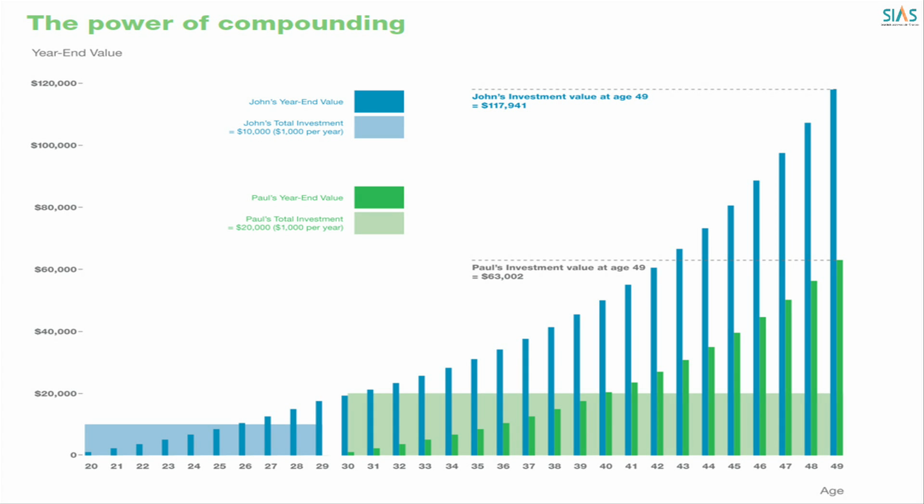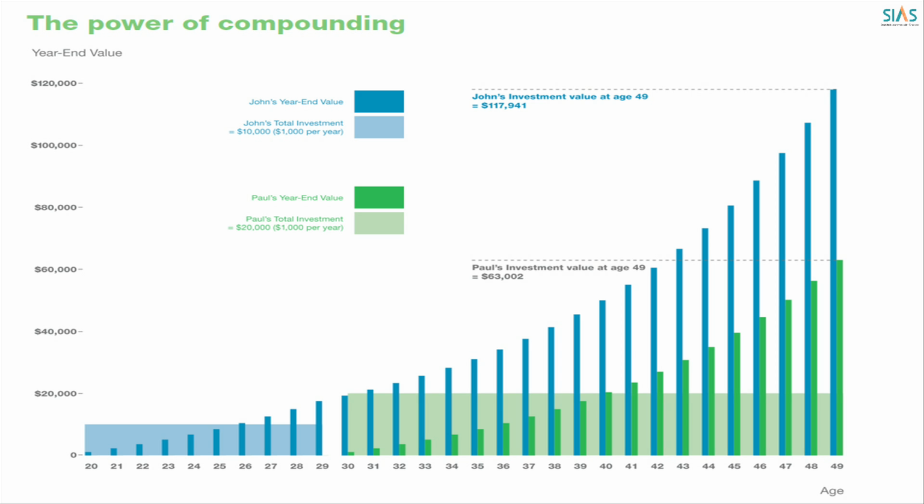This chart shows you the power of compounding, which Einstein says is the most powerful force in the whole universe. What this means is that even if you start small, if you start early, and if you reinvest your gains back into the market over a long period of time, you will be able to potentially maximize your returns and do better than somebody who starts later.